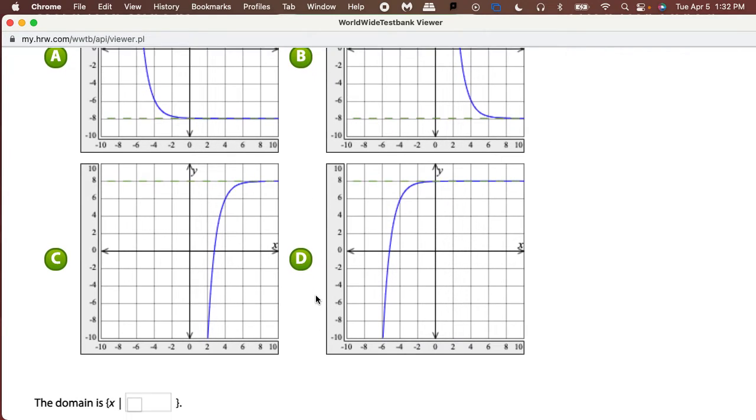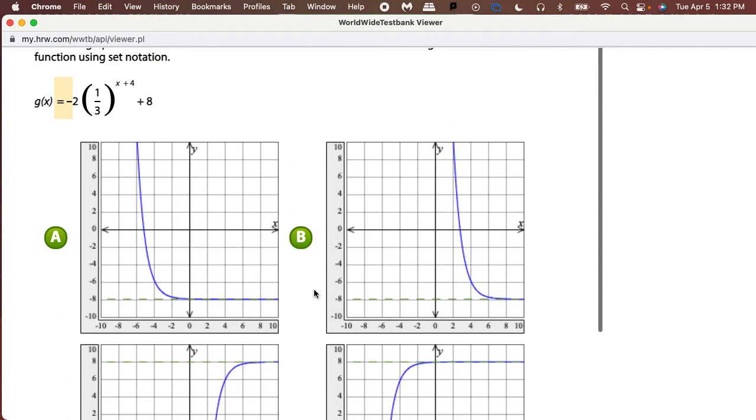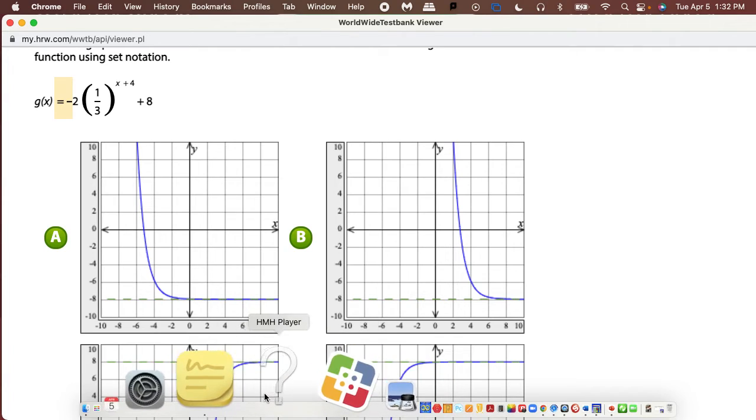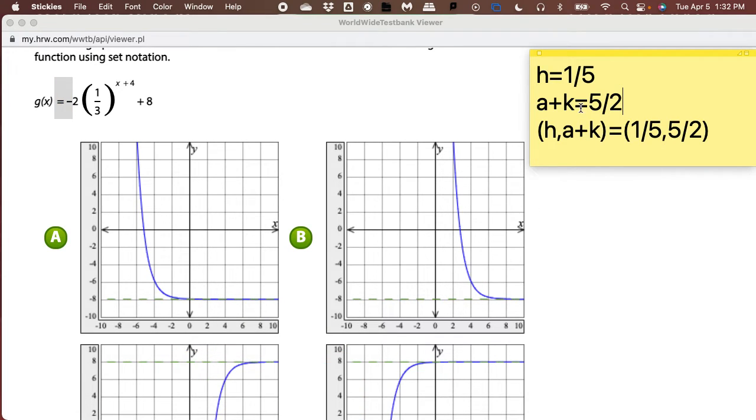Oh, reference point time. So pull out my sticky note. Find my H. That leaves my A plus my K. My reference point's got to be -4 and 6.